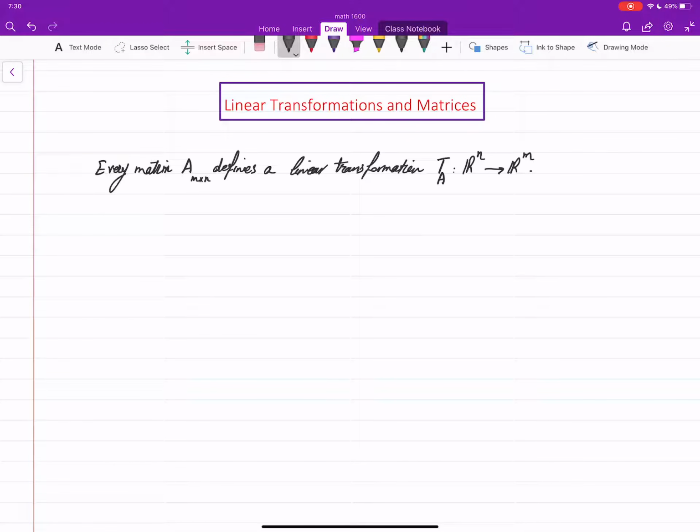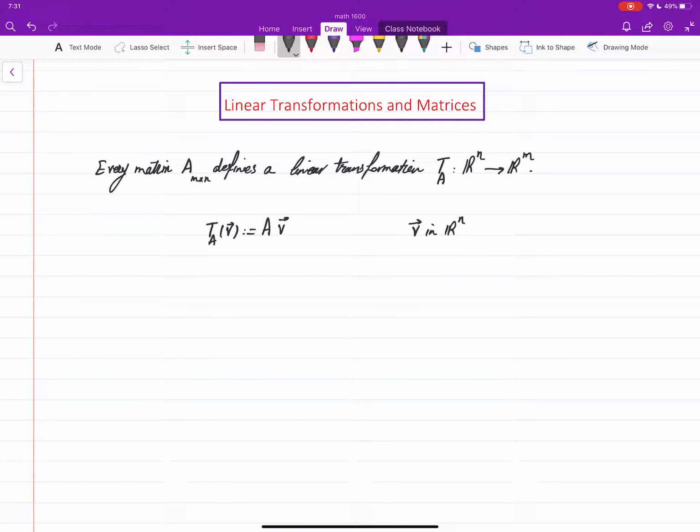How is it defined? We want to define what is TA at a vector v, where v is coming from Rn. You just define it as the matrix multiplication of A and v.